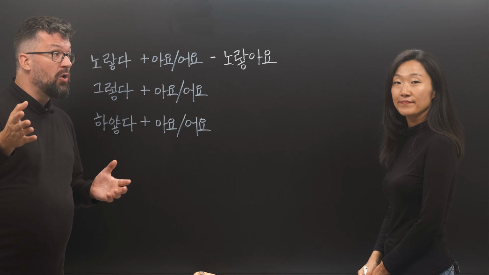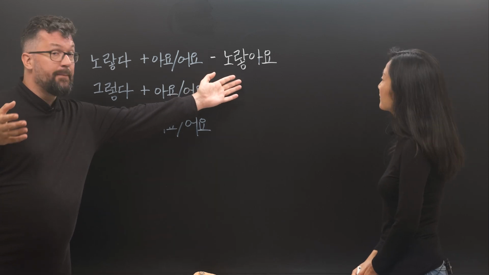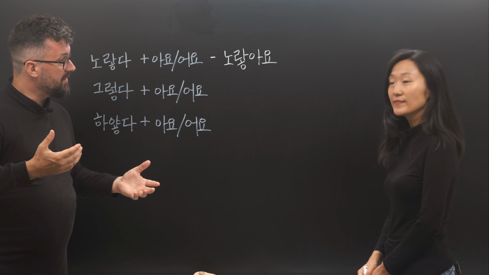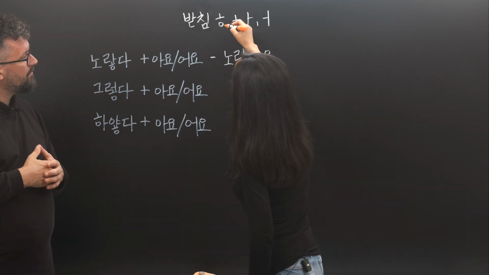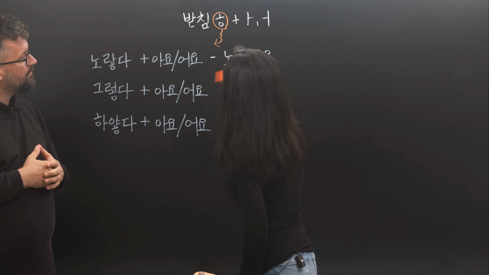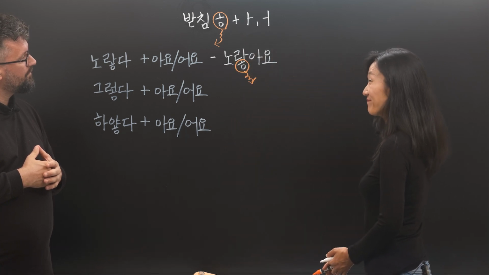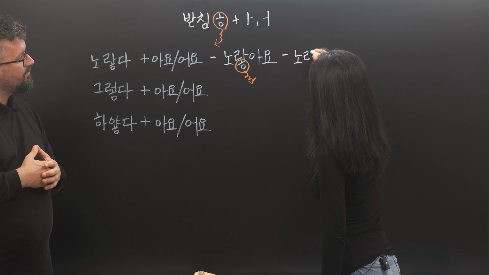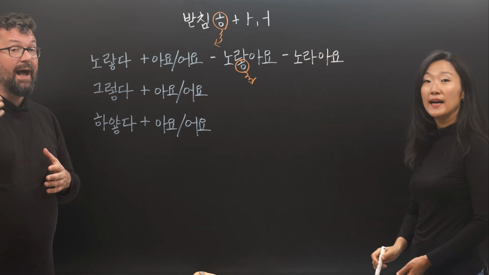Remember the rule? When Batchim ㅎ meets ㅏ or ㅓ, we remove ㅎ. So 노랗아요.